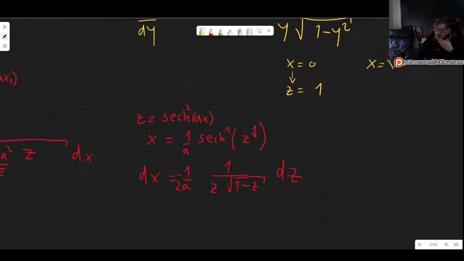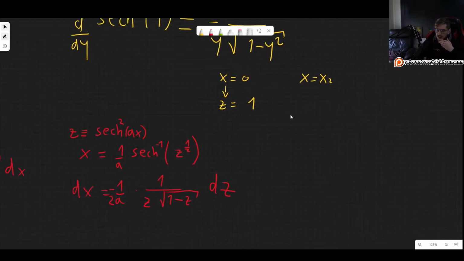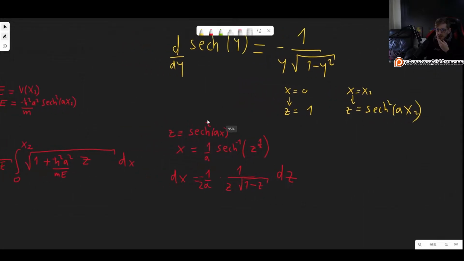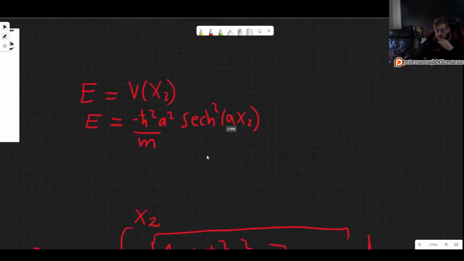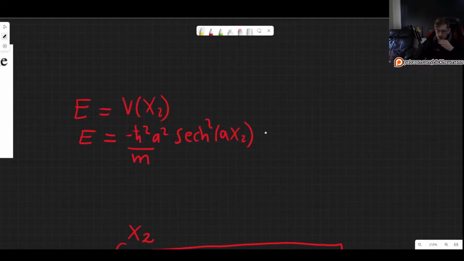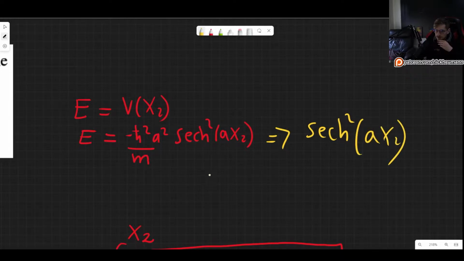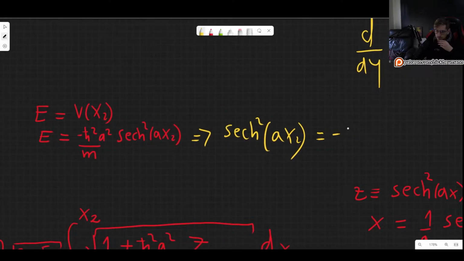And when x is x2, what we have is, let's see, z equal to the hyperbolic secant squared of ax2. Okay, but just like we did in the previous case, by that I mean problem 8.11, we can relate this to what we saw here in the turning point. Because from here we can see that the hyperbolic secant squared of ax2 is simply minus h bar squared over a squared times a squared over me.